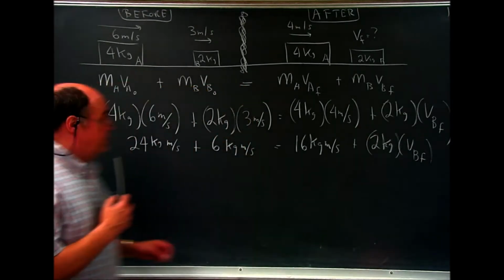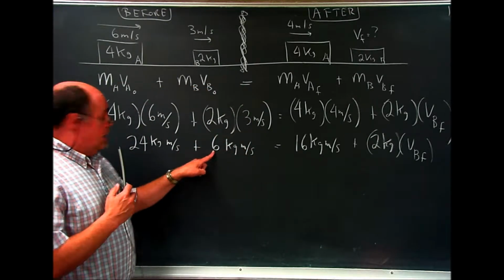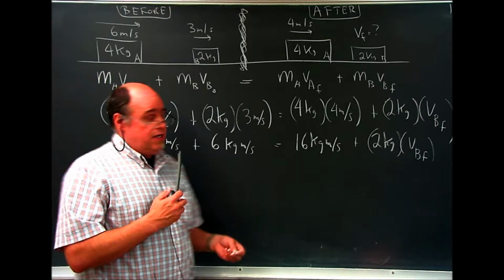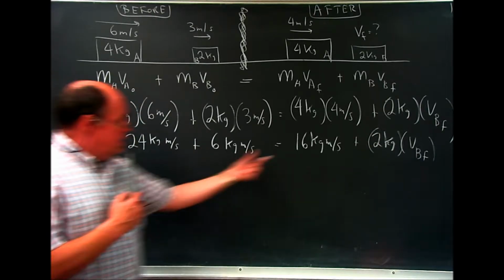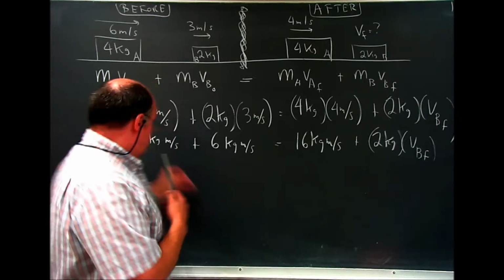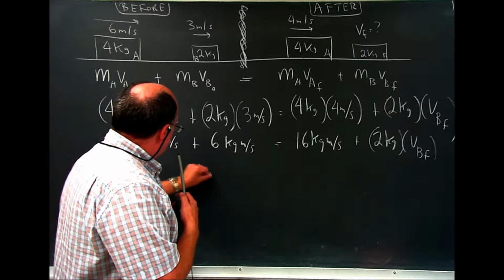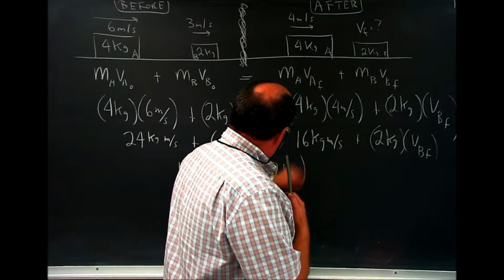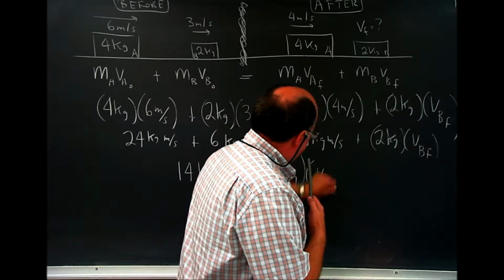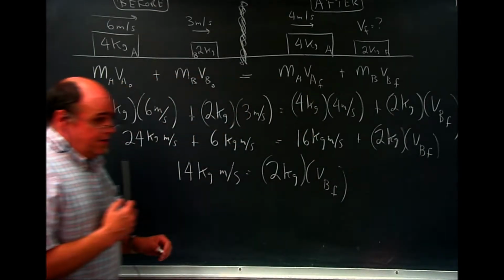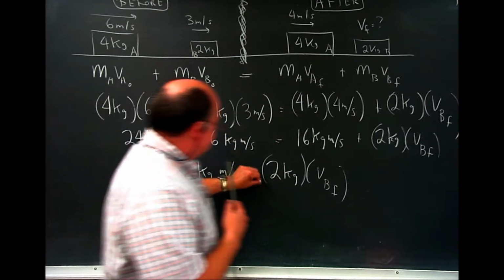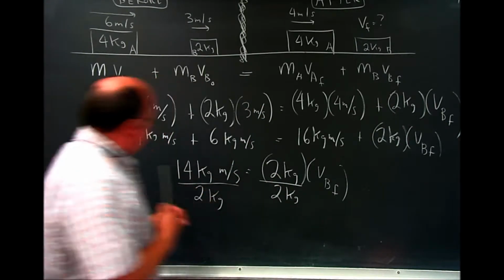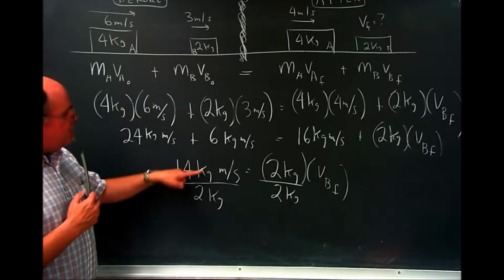Now we have to gather our like terms. So 24 plus 6 is 30, minus 16 would give me 14. So we have 14 kilogram meters per second equals 2 kilograms times v_B final. If I divide both sides by 2 kilograms, 14 divided by 2 gives me 7, and the units, kilograms, cancel out.